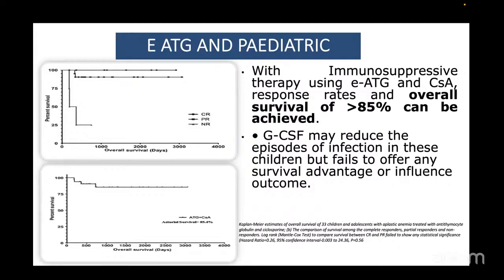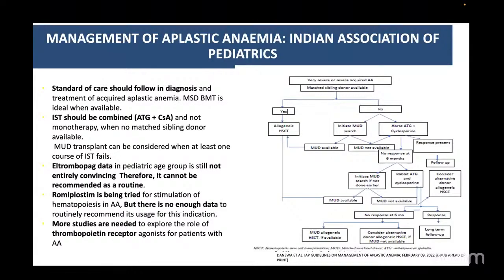GCSF may reduce the episodes of infection in these children but fails to offer any survival advantage. So there is no overall survival advantage of giving hematopoietic growth factors in the treatment paradigm of severe aplastic anemia patients.